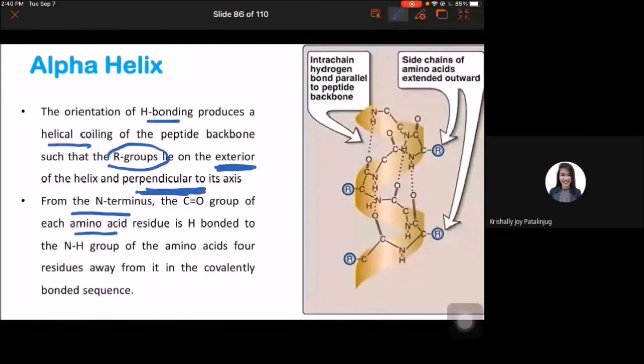That is the hydrogen bonding formed between the carbonyl oxygen, amide, and H. This has all been elaborated. So again, that is the alpha helix in general.